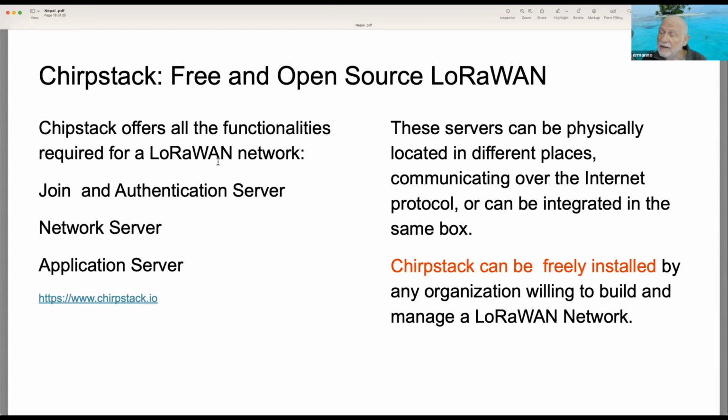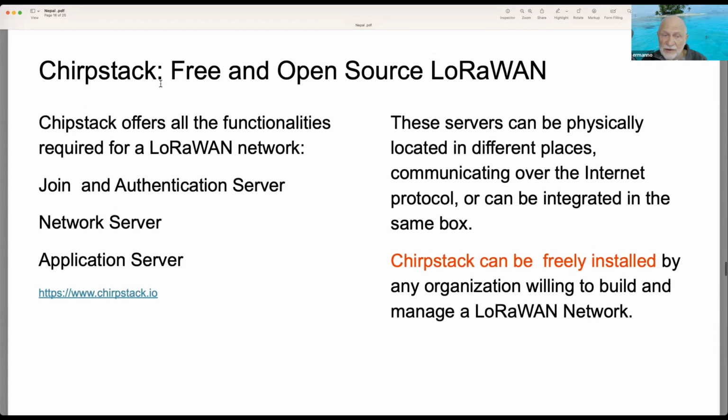And the only thing you need is to pay for the communication between the gateway and the internet, which could be by means of a cellular service provider or by any other. If you are in an organization that has already cable Ethernet, you can deploy your gateway there, and the costs are included in the Ethernet service.